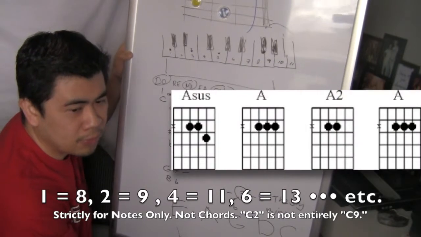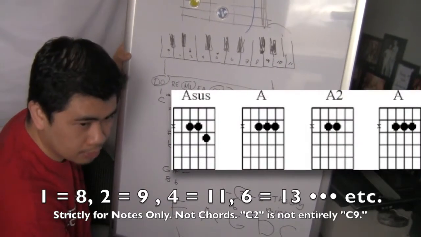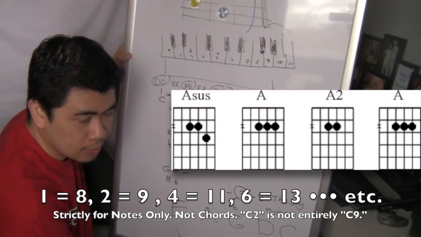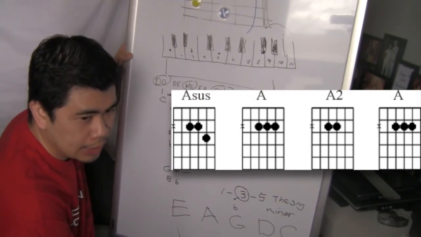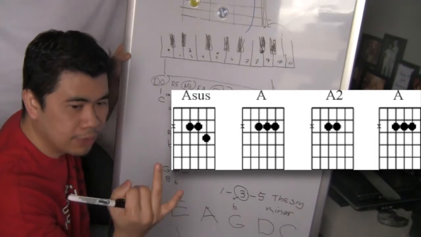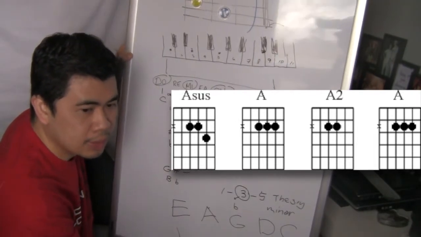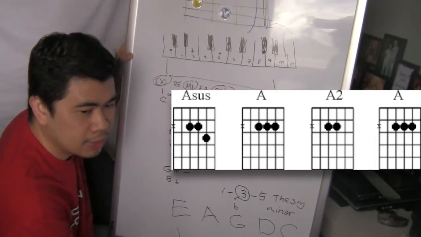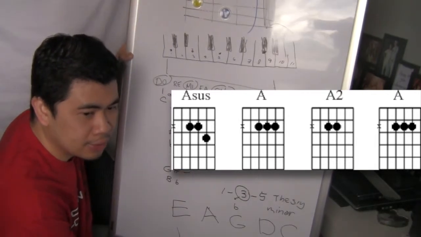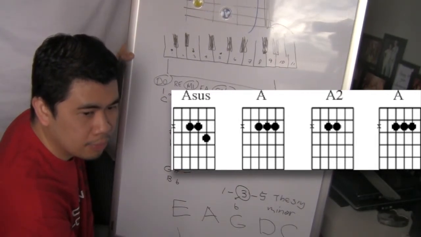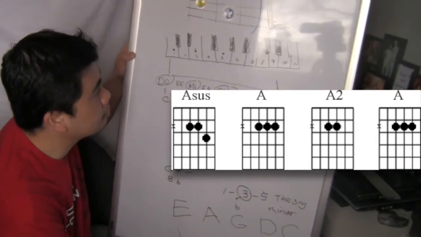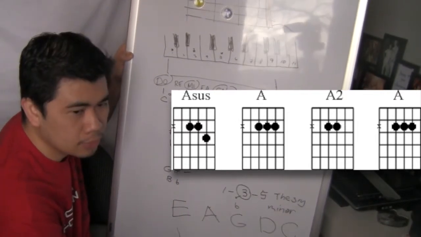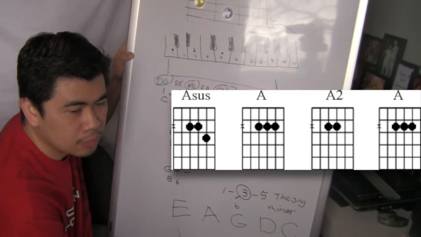So give me a form of A. And that ring finger, pluck the string. What note is that? Mi.